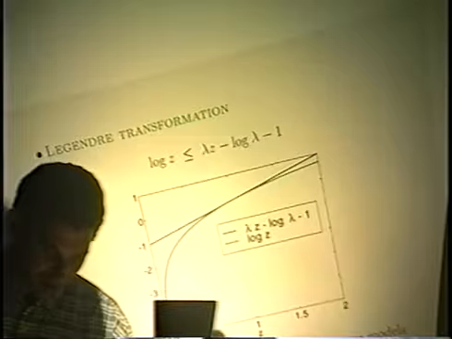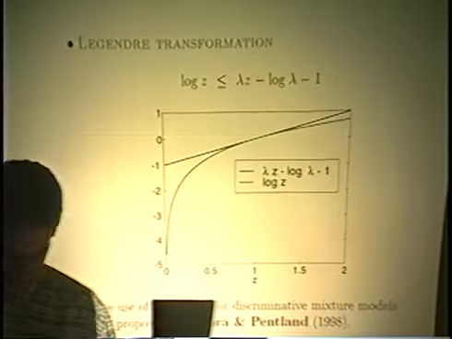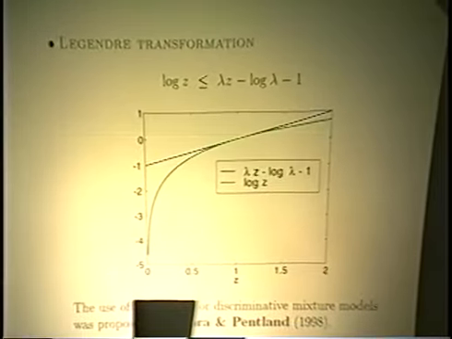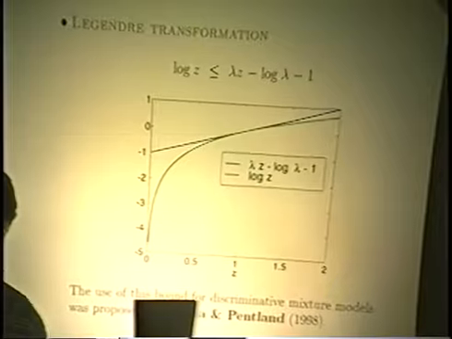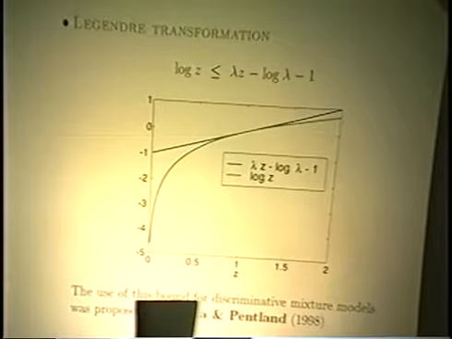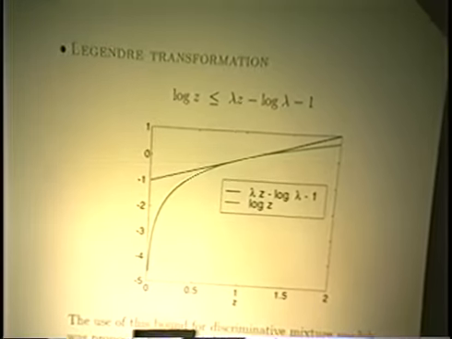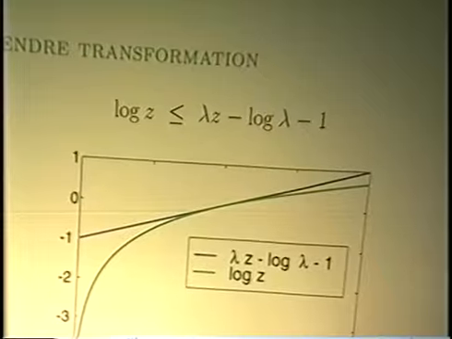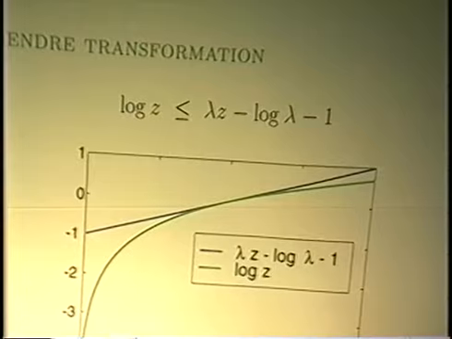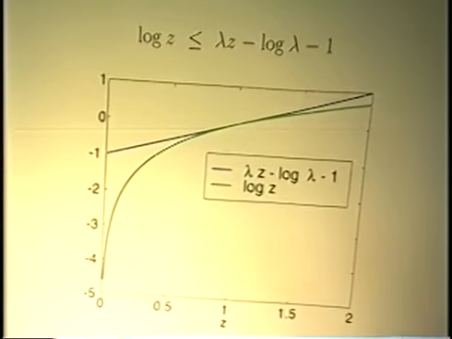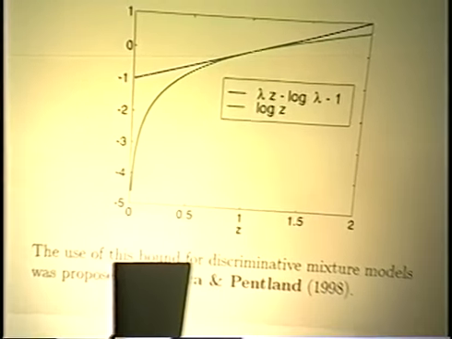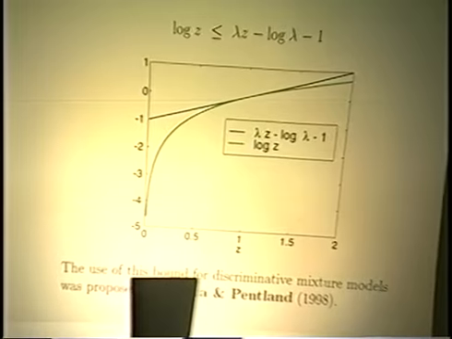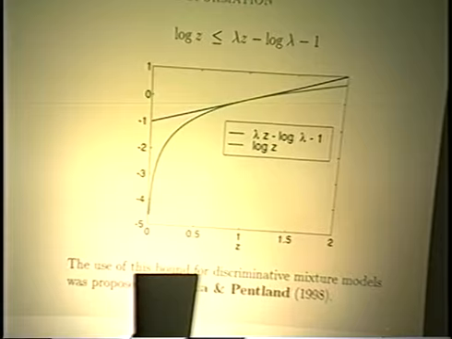The first one is very simple and was actually proposed for discriminative mixture modeling a couple of years ago. But it's just a very simple bound on the logarithm, a tangent bound using Legendre transformation. So the log is a concave function, so at any point you can upper bound it by its tangent. Okay, and I think that bound is pretty easy to see.